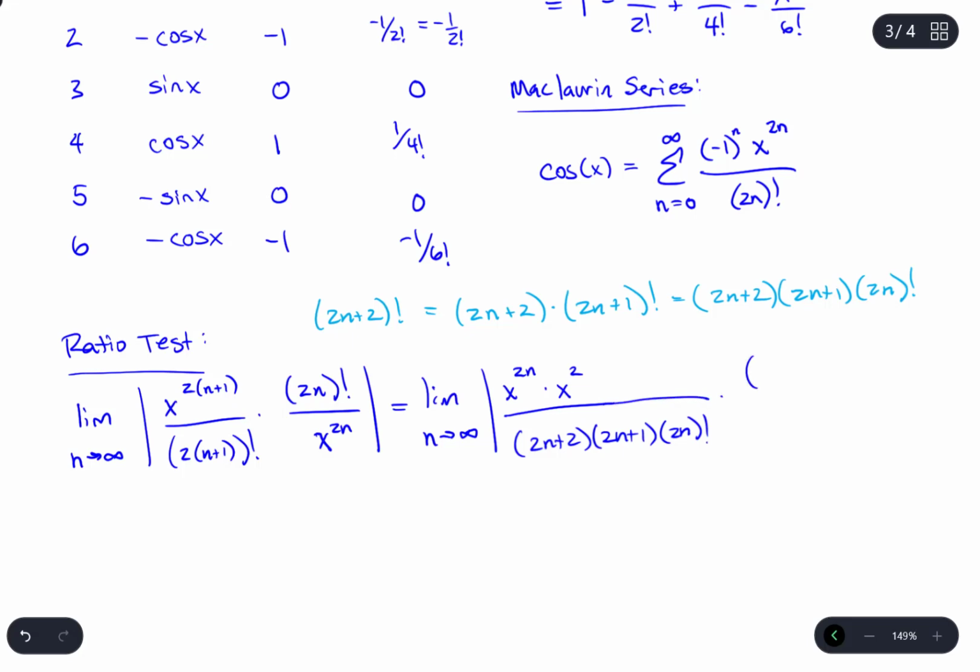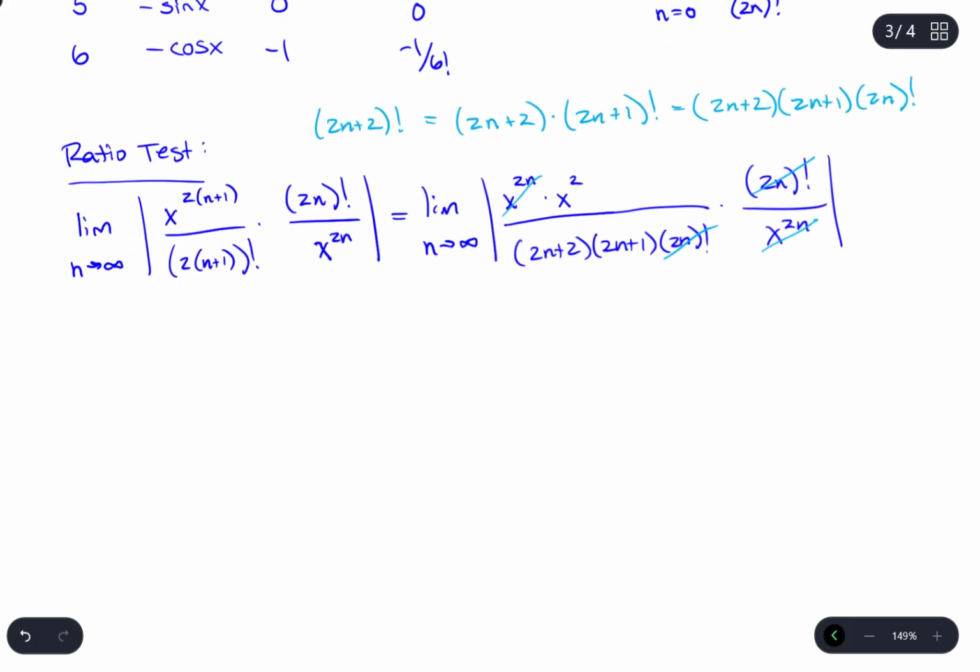And then this term has the 2n factorial in the numerator, which I'm going to use to cancel. And then similarly, x to the 2n in the numerator and denominator of the other direction. Okay, x squared is the only term remaining in the numerator. I can pull that out of my limit.